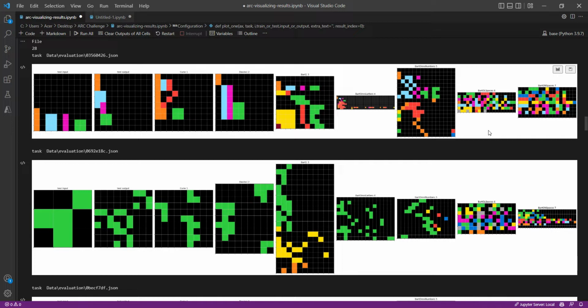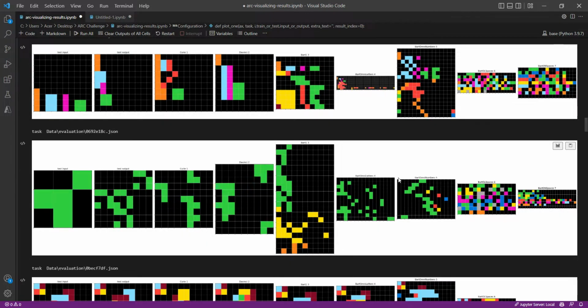So I trained it on all of that data, and then I ran an evaluation data set and had the model produce outputs for each one of those different data types.